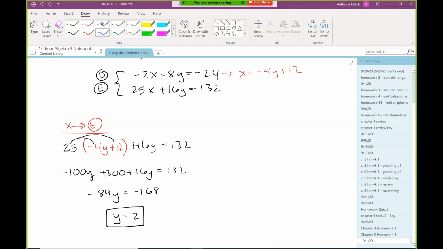Everybody okay to there? So now that I have one of my solutions, or one part of my solution, I guess I should say, it's easy to get the other parts. So all I'm going to do is take that answer and plug back in here to get the value for x.